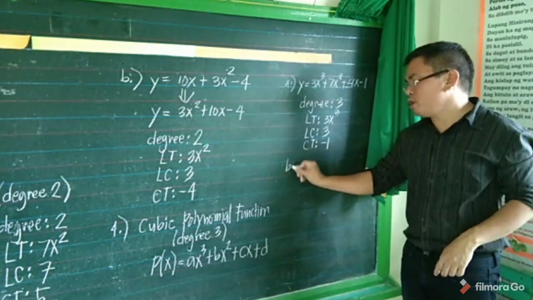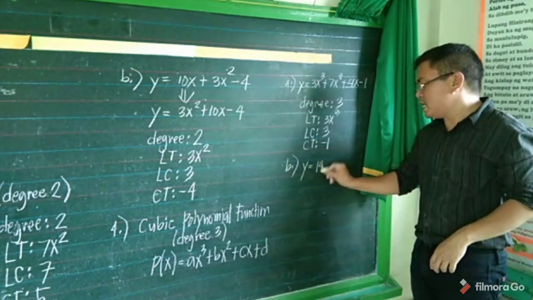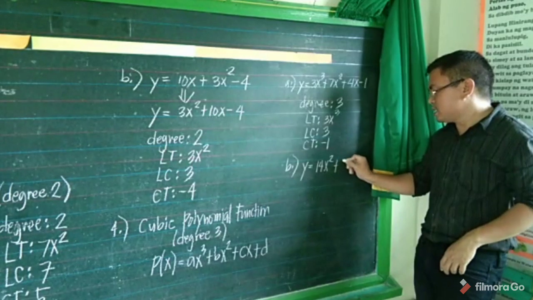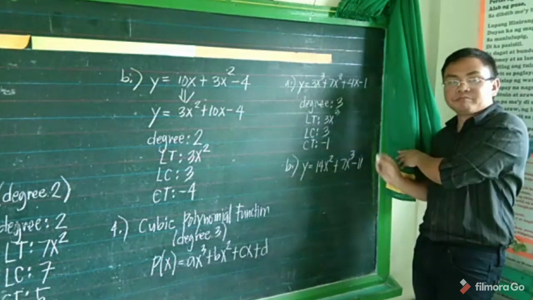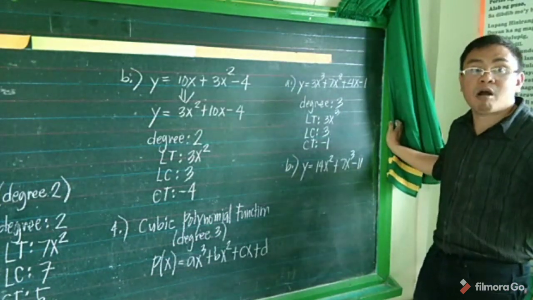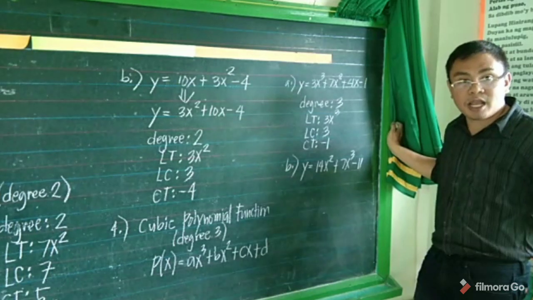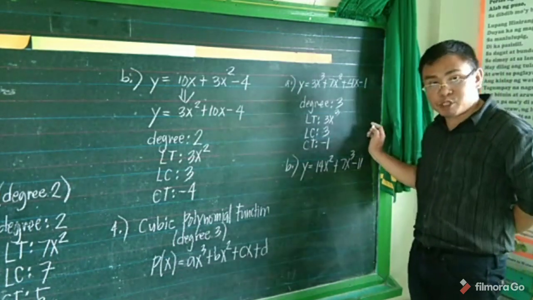And let's move on to another example. y is equal to 14x squared plus 7x cubed minus 11. You have noticed that the given is not in standard form because the exponents are not arranged in descending order of powers. So that's the first step to do.